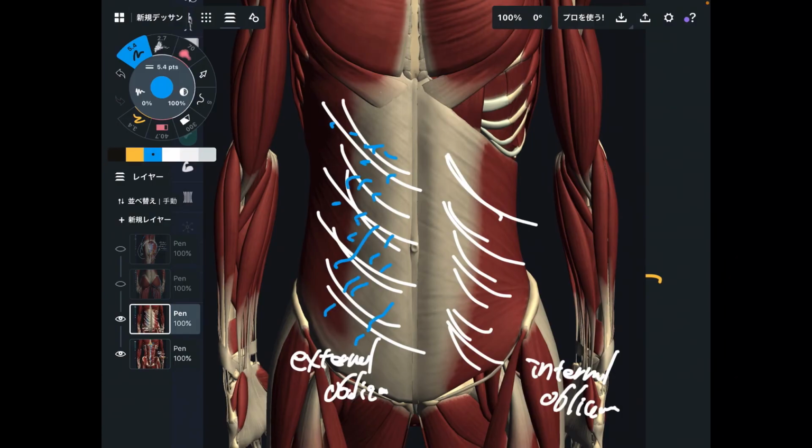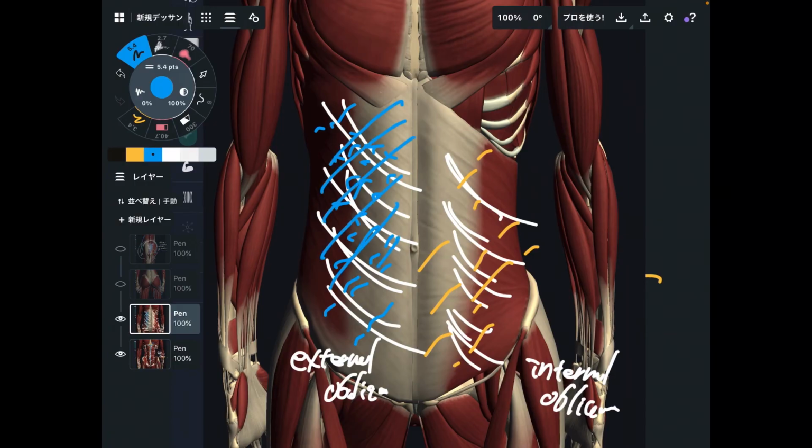On this side, there's deep to external oblique. And on this side, external oblique is superficial from internal oblique. Of course, these muscles are on both sides. When both sides of these muscles contract, that does trunk flexion. That means these guys can do posterior tilt of pelvis. Both sides is key terminology.